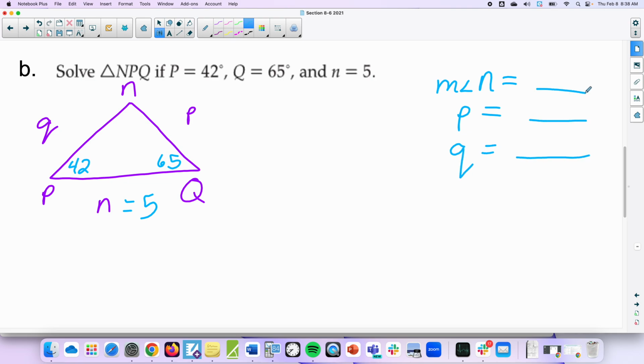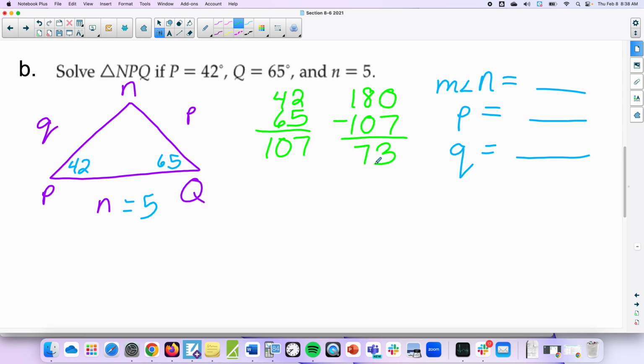Okay, so angle N, how I would find that is I would add these two together and subtract from 180. Now what I'm gonna do is find P or Q, doesn't matter which one. And to do this, you have to know angle N and little n.